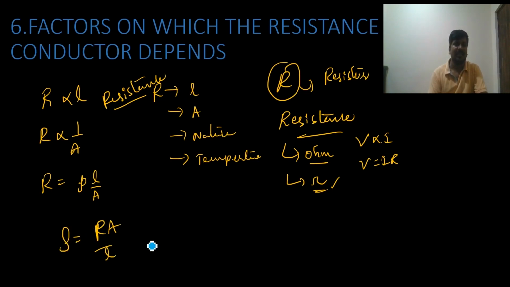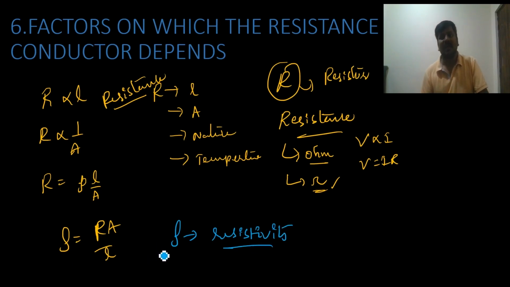Resistivity is nothing but the resistance of a conductor of unit length and unit cross-sectional area.